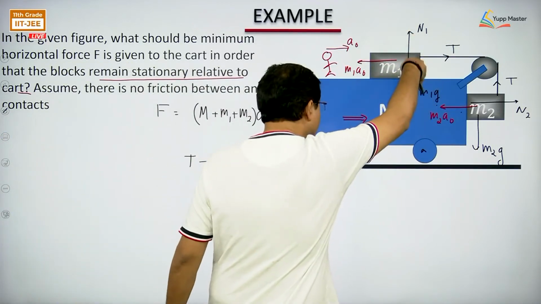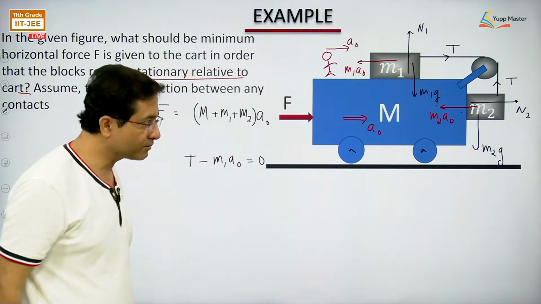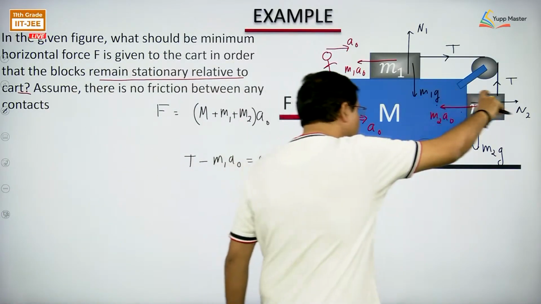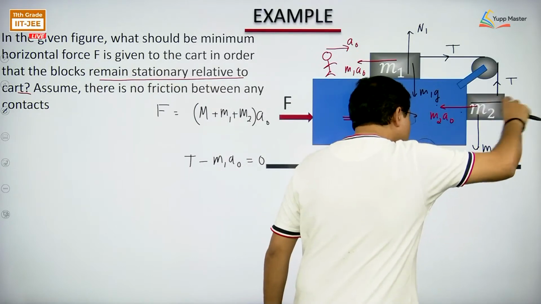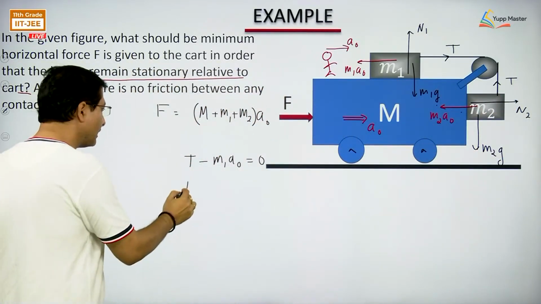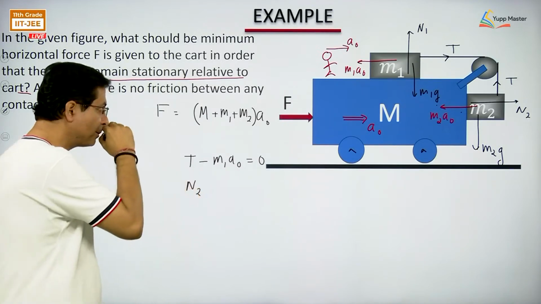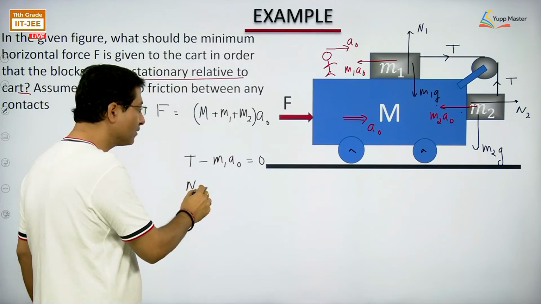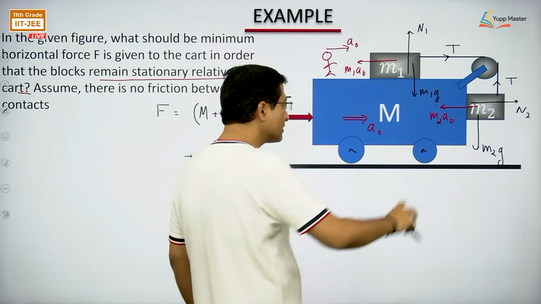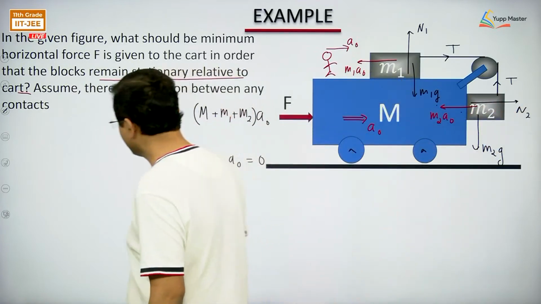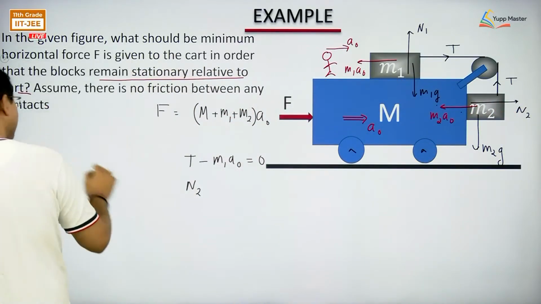I am not writing equation in y direction because there is no use. Similarly, same observer will write Newton's first law in this direction. This is the direction along x-axis. So N2, or in this case this is not necessary, so I'll remove this equation.